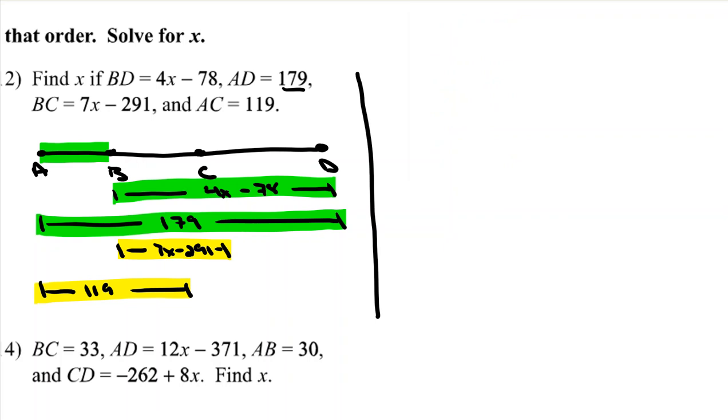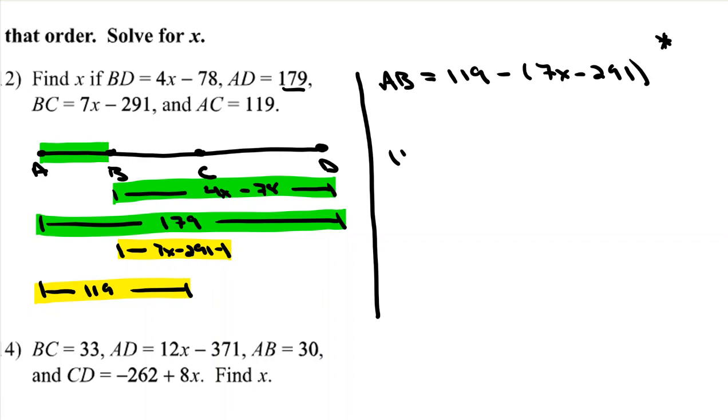So that's how I'm going to get the expression for AB. So AB is going to equal all of AC minus BC using parentheses, 7x minus 291. So that was the tricky part, figuring out each part. There's several ways to do these things. That's the way I chose to do it.